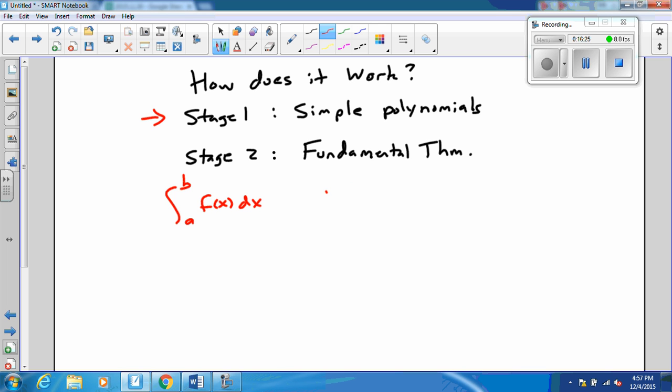And our plan is going to be this: to evaluate the integral from a to b of f of x dx. First of all, I'm going to construct a Riemann sum.